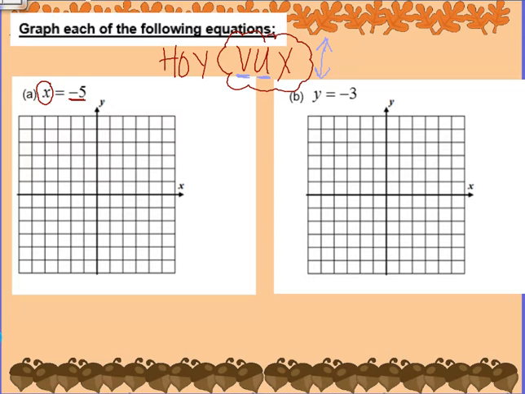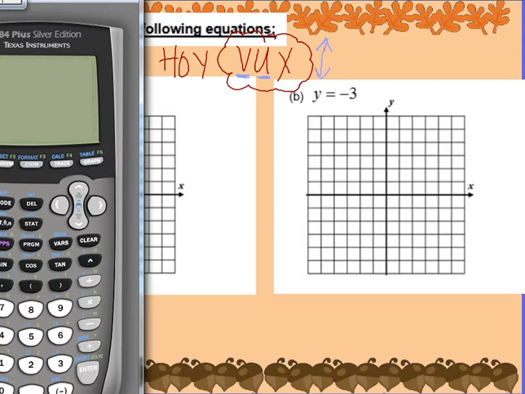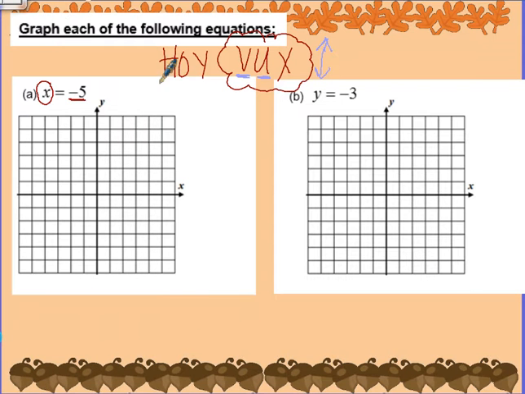So to graph this, I know you may have been using your calculator for the other ones, but the calculator only has a y equals button. So if there's no x equals button, then we cannot use our calculator to graph this one. We are simply going to do this. Go to -5 on your x-axis. So 1, 2, 3, 4, 5 would be right here, and put a point.